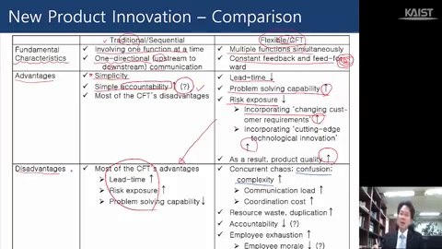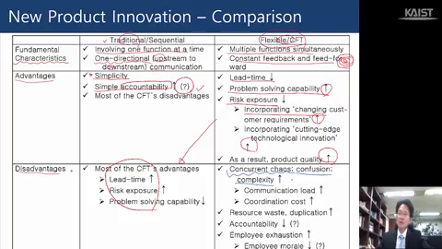Some even say that it's not concurrent engineering, it's concurrent chaos. Of course, if the company fails to manage this whole process reasonably, then the company must face concurrent chaos.